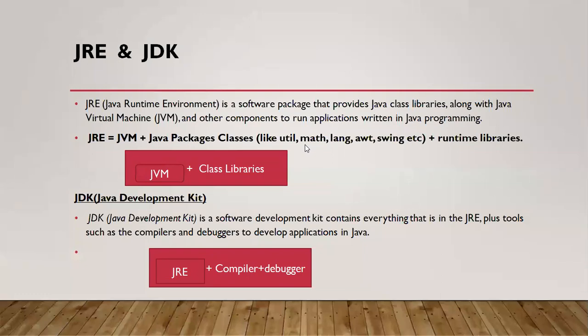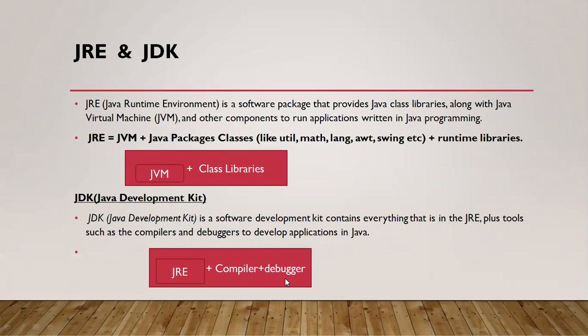Here also, some class libraries are available in the Java language. These class files will come into our system with the JDK, Java Development Kit. With that we will get the JRE, compiler and debugger.